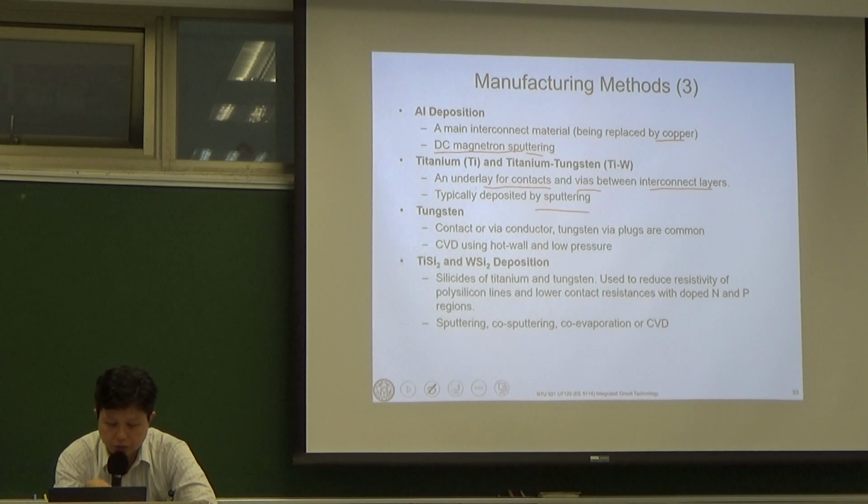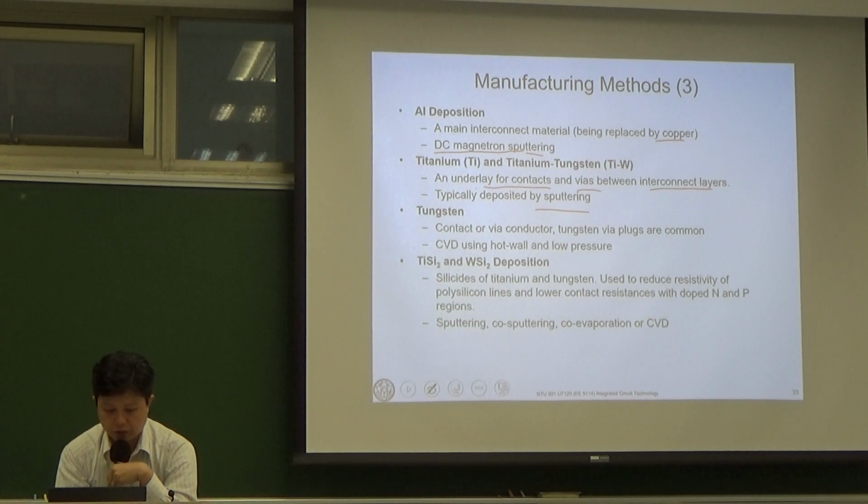We can use sputtering. And for tungsten, these tungsten plugs are often used to fill the via. So we can use CVD, like hot wall and low pressure, to do this. And also the titanium tungsten silicide.